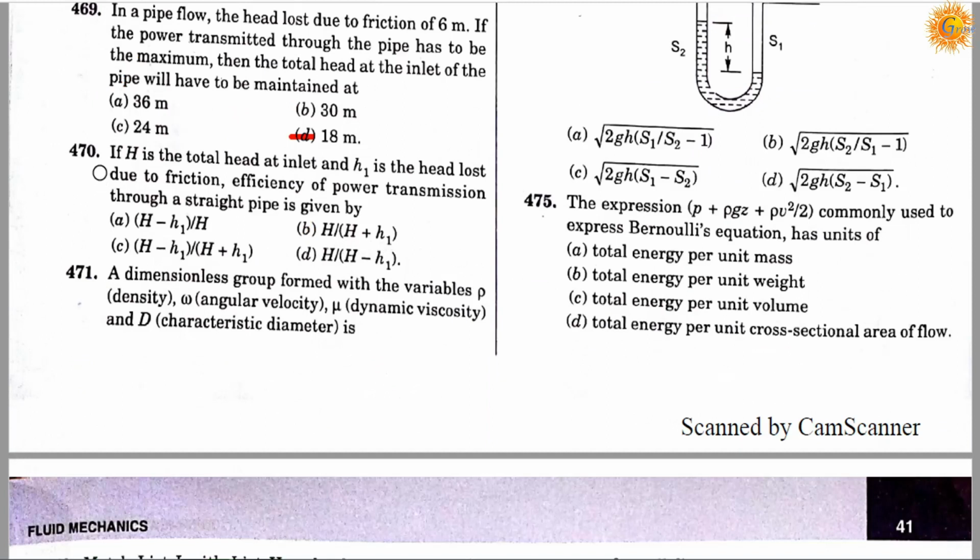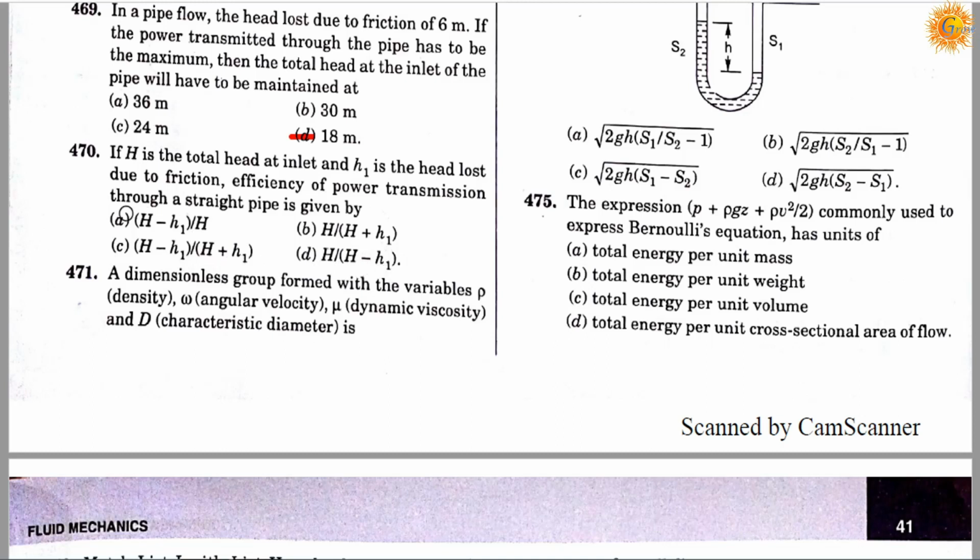Question number 470. If capital H is the total head at inlet and small h1 is the head lost due to friction, efficiency of power transmission through a straight pipe is given by: option A, (H minus h1) divided by H; option B, H divided by (H plus h1); option C, (H minus h1) divided by (H plus h1); and option D, H divided by (H minus h1).